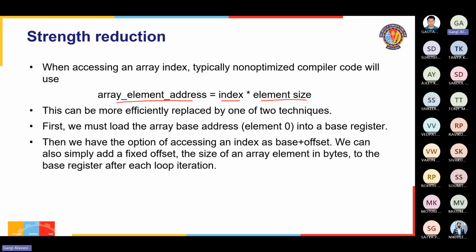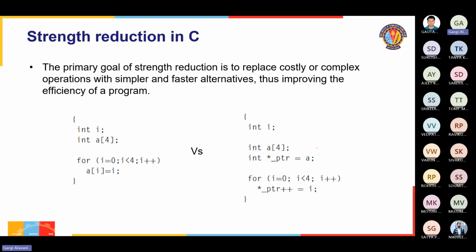Can we replace this with something which is cheaper or which will be done faster? We can load the array base address into a base register, and then we can just get the base plus offset and read the data in a loop. So this is what I'm talking about. Can anyone tell me which of the two is better?